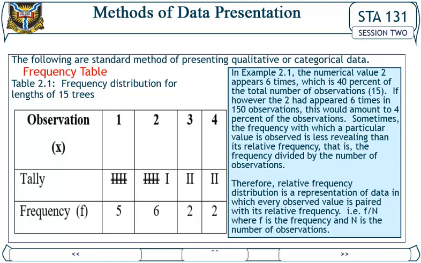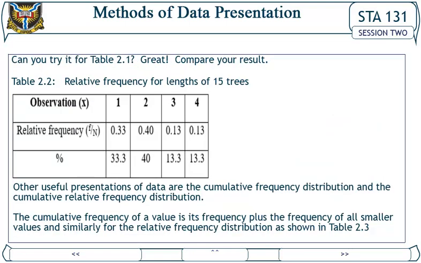Therefore, relative frequency distribution is a representation of data in which every observed value is paired with its relative frequency, that is, f over n, where f is the frequency and n is the number of observations. Can you try it for Table 2.1? Great! Compare your result. Table 2.2, Relative frequency for length of 15 trees.